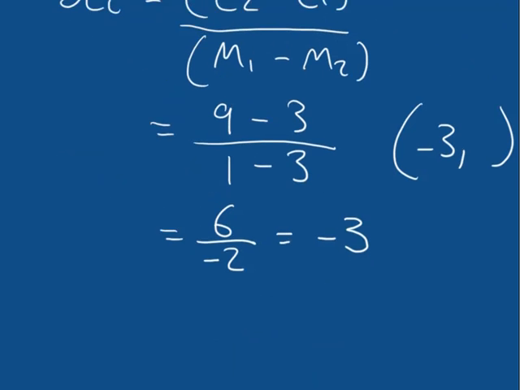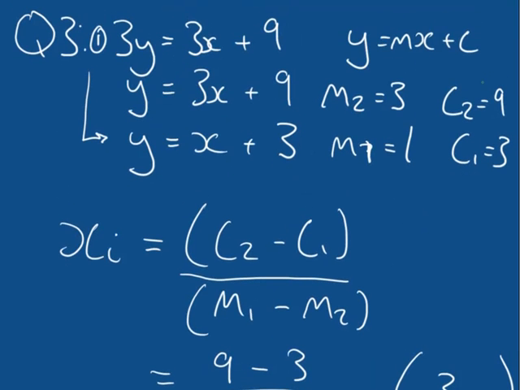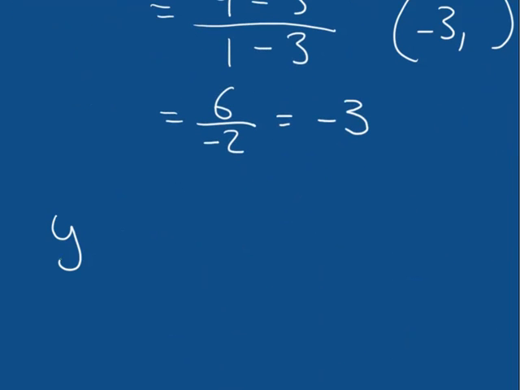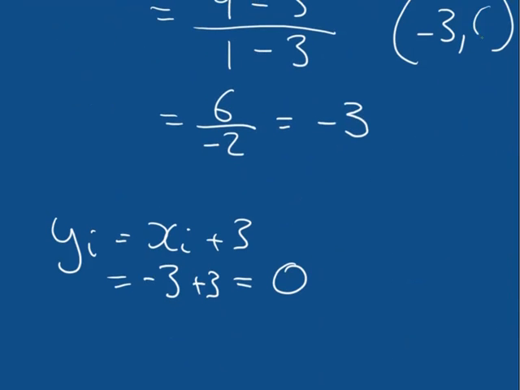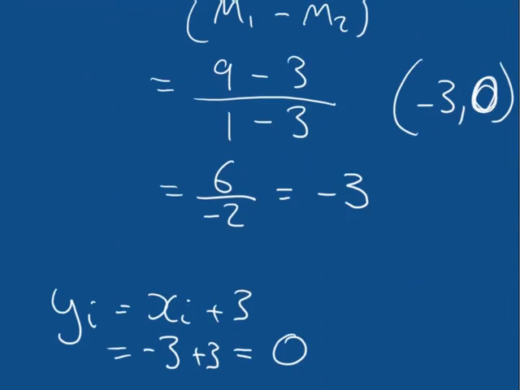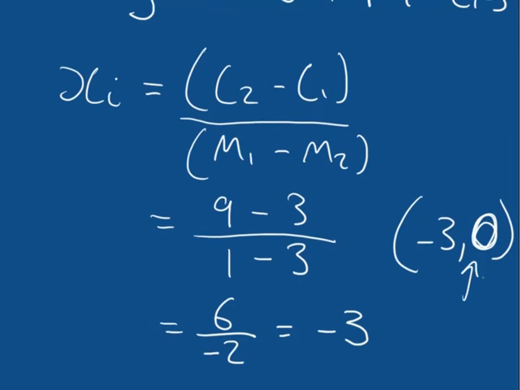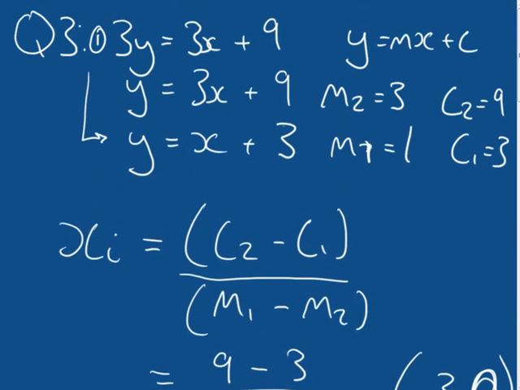Let's find yi. We can put that into either equation. I'm going to put that into our equation y is equal to x plus 3, which means that yi is equal to xi plus 3, which is equal to minus 3 plus 3, which is equal to 0. And just to check that indeed the y coordinate is 0, let us use our other equation.